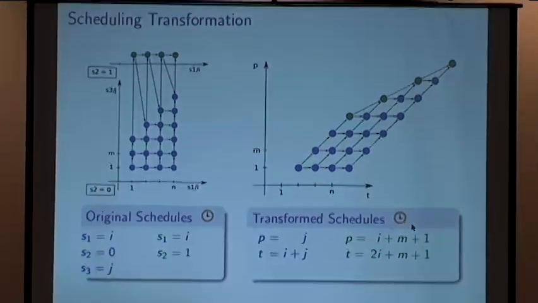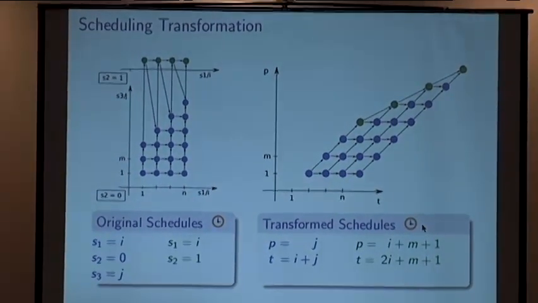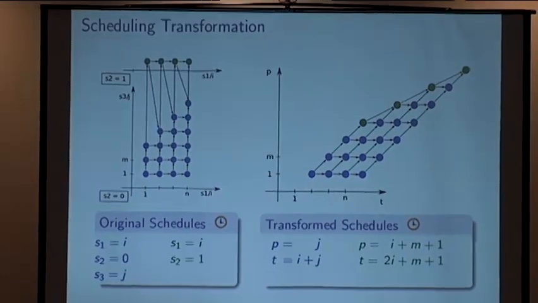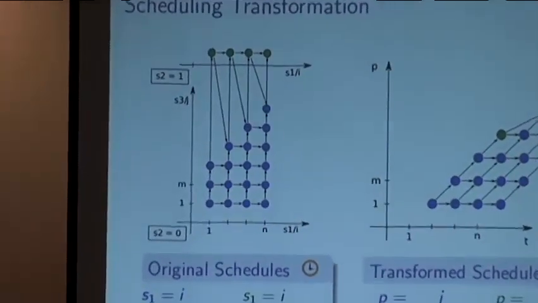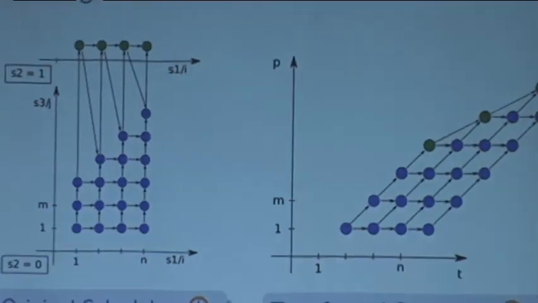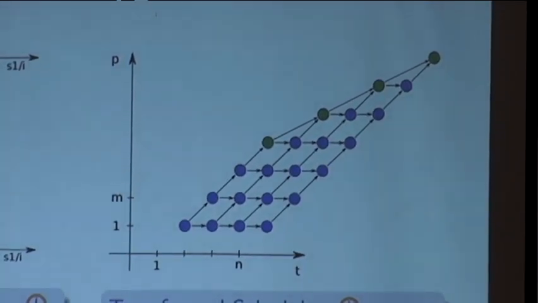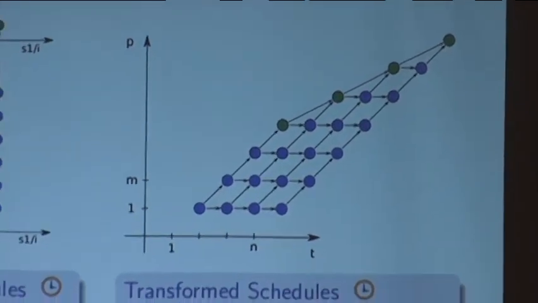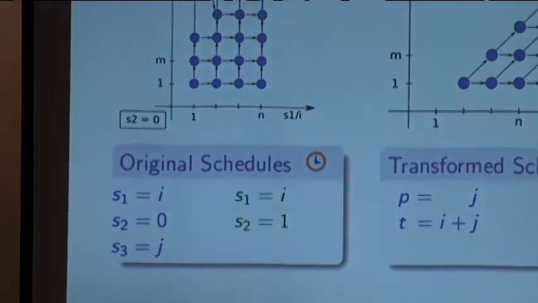And I'm not sure if you see this right now, but the interesting thing is the left side of that schedule cannot be executed in parallel because of those dependencies. But on the right side, if you look, for example, at the t dimension at the value n, and look at that column of statement instances, there are no dependencies between those instances for a fixed value of the t dimension.